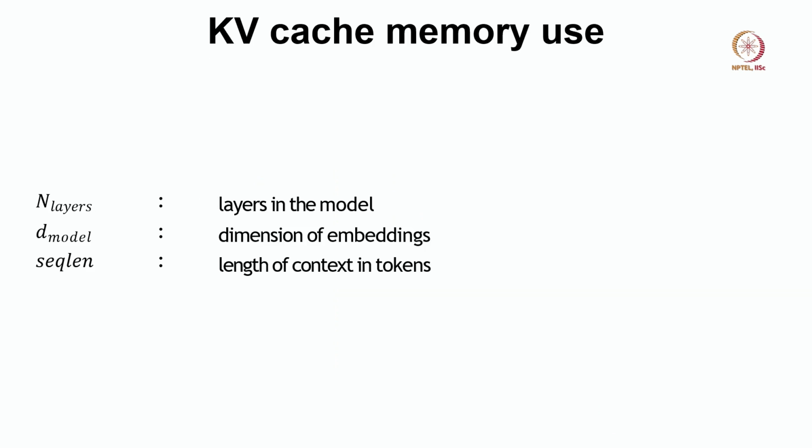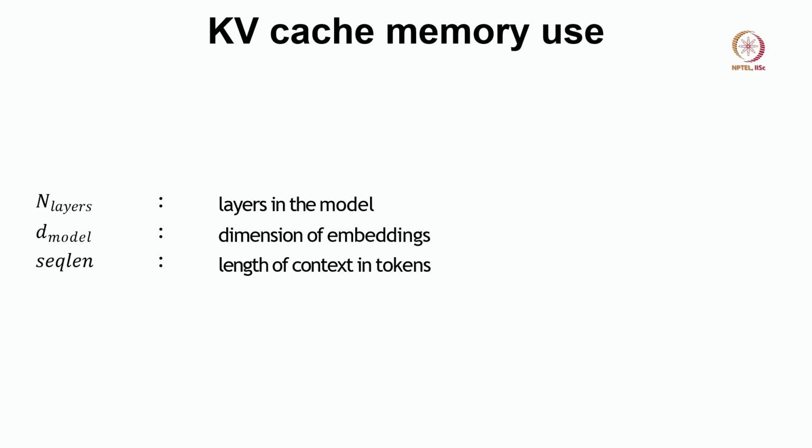Now let's see how big this KV cache can be. We will take one representative transformer model, or representative LLM, and compute the amount of memory required for this KV cache. Let's assume we have n layers, which is the number of layers in the model.